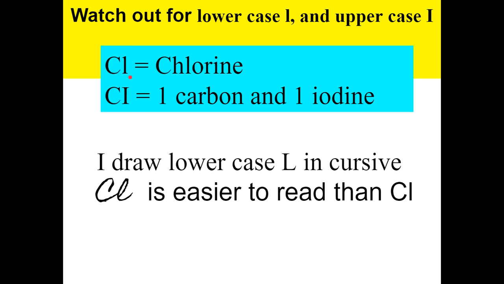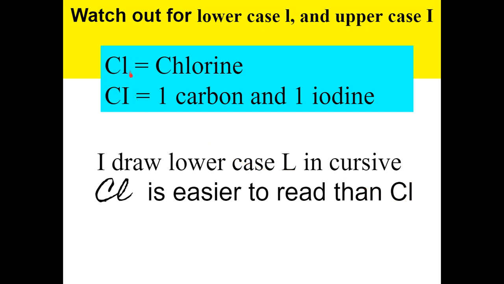So big C, little l is chlorine, big C, big I is one carbon and one iodine. When I myself am doing this, I draw a lowercase l in cursive, so it looks like this, and so that I can totally tell that those two go together, and that that's not this. You can't tell because there's not even little markings on here.